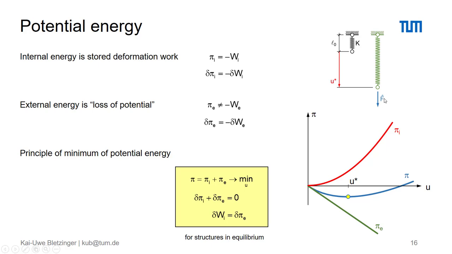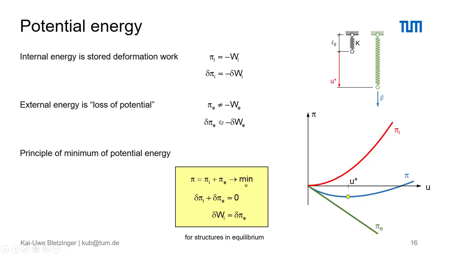And as F hat is constant, it's a negative but linear function, going downward here in this graph where we draw the energies. The internal energy is again quadratic, as the internal work, but positive. The external energy is negative but a linear function.